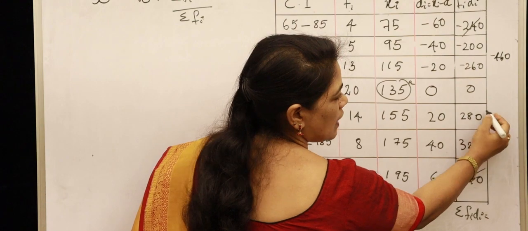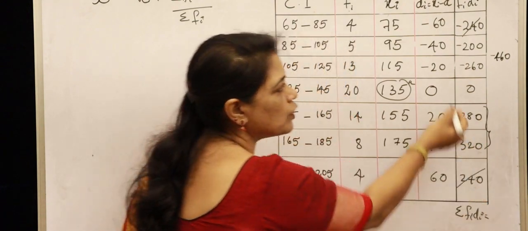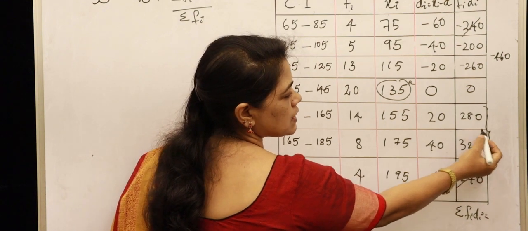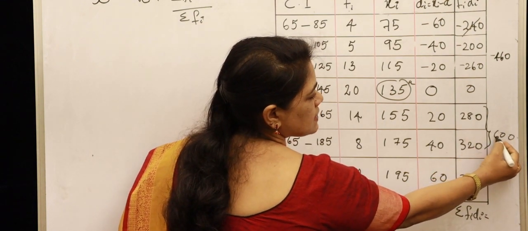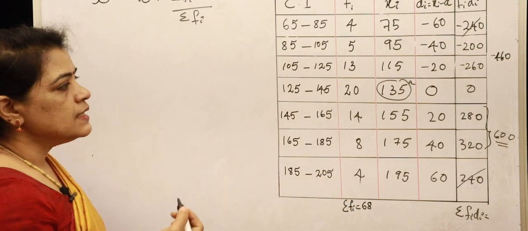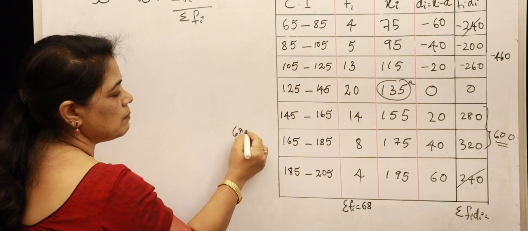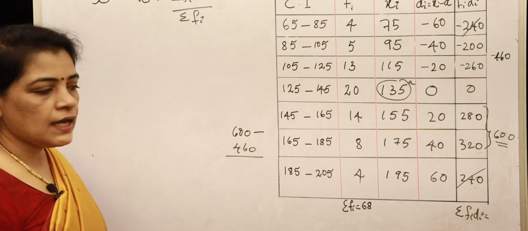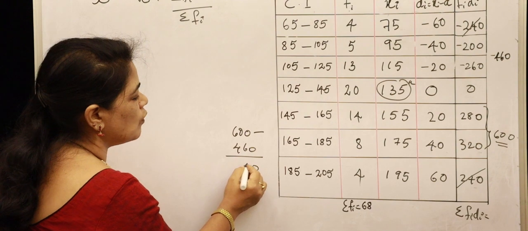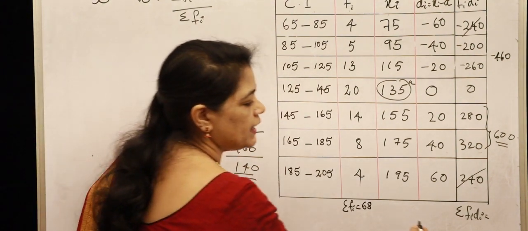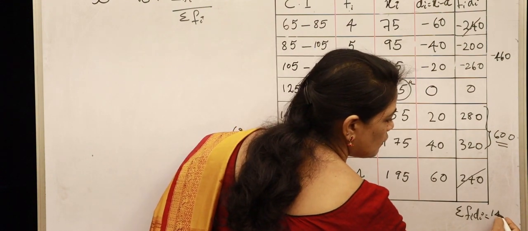Here we have only these two values, this 240 and negative 240 get cancelled. So it will be 0, 0 and 600. That means sigma fi di will be 600 minus 460, that is 140. That means sigma fi di is positive 140.